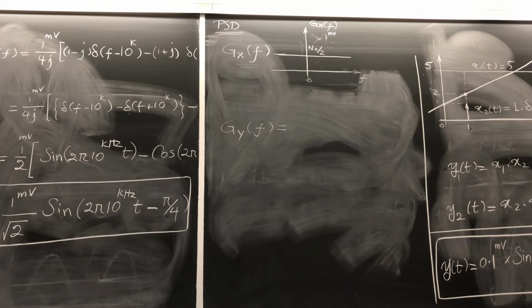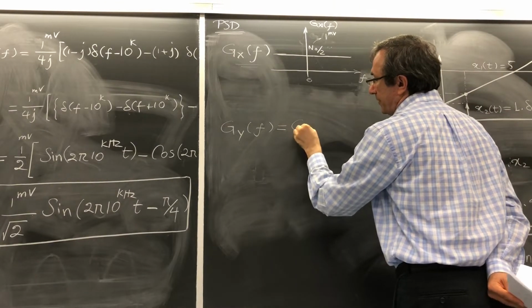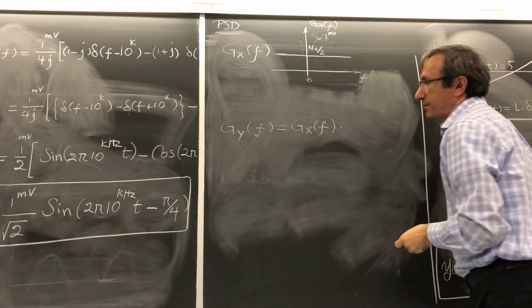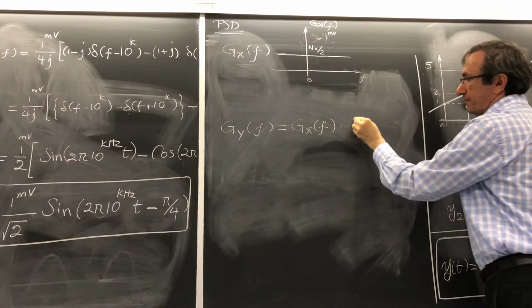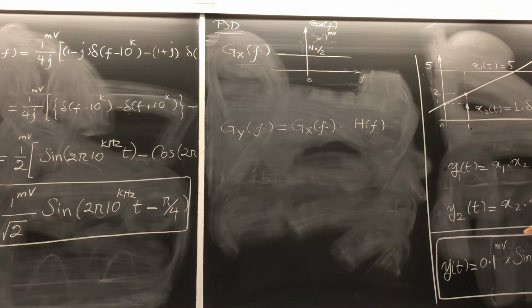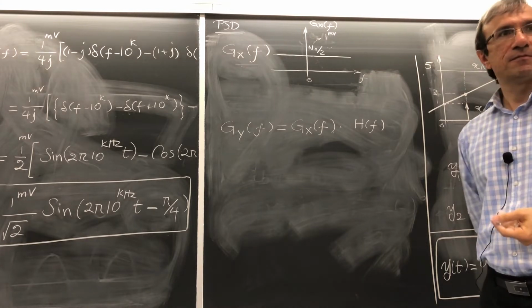If we have the PSD of the input, G x of f, and we have the transfer function H of f, what would be the PSD of the output?